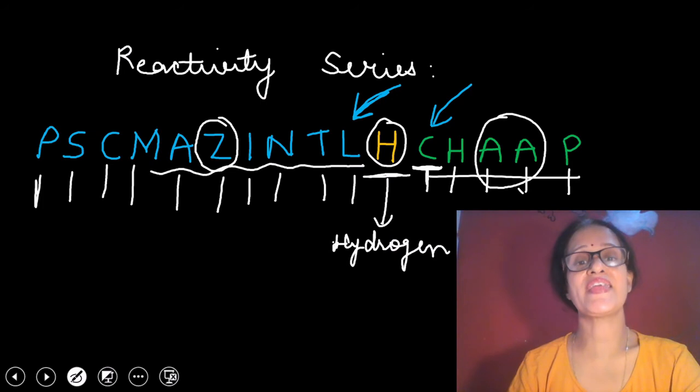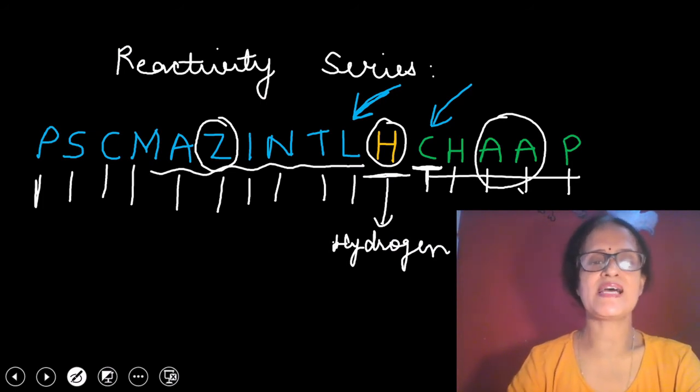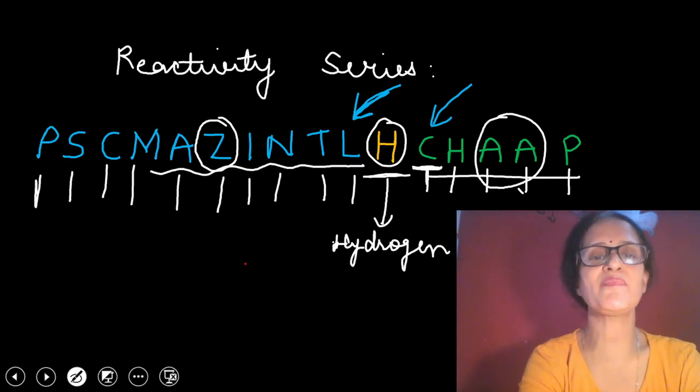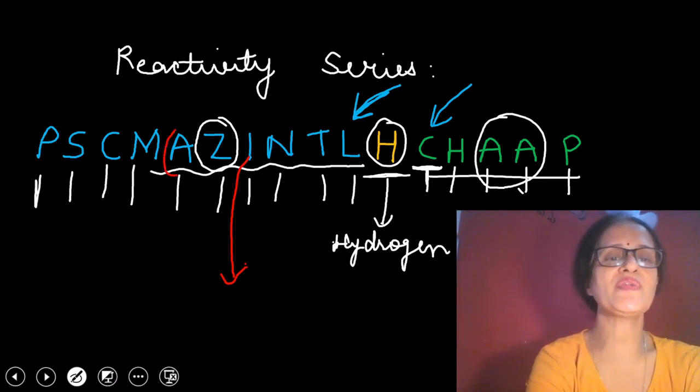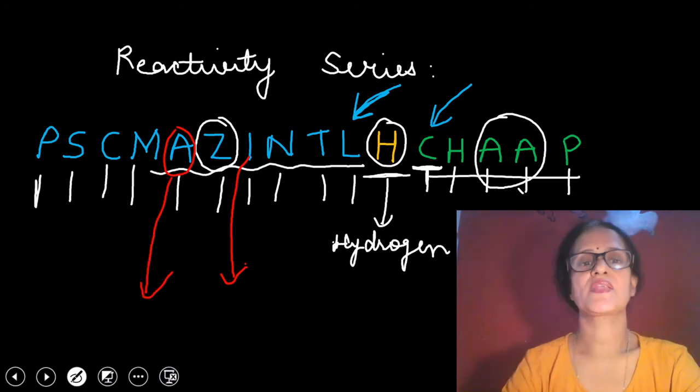So this is our reactivity series. Where is iron? You can see that iron is shown here with the help of the letter I. Then where is aluminium? You can see here aluminium is shown here with the help of the letter A. As aluminium is more reactive than iron, it can displace iron from Fe2O3.